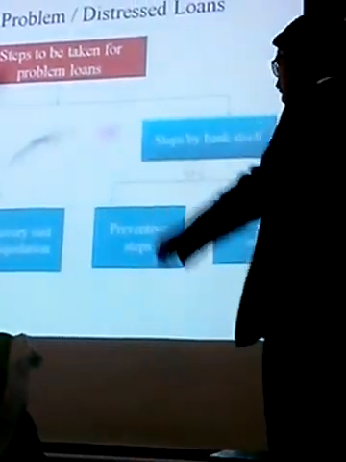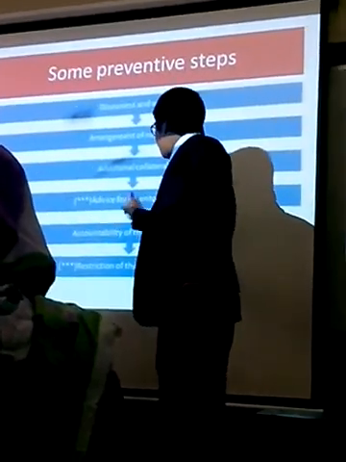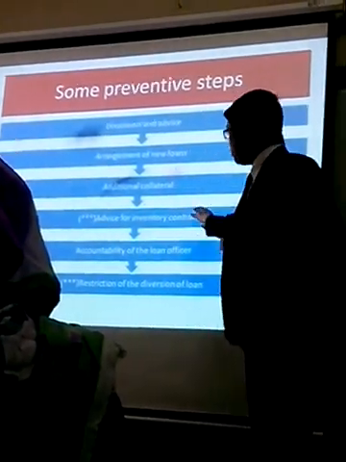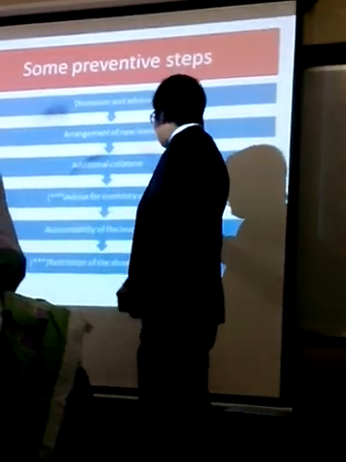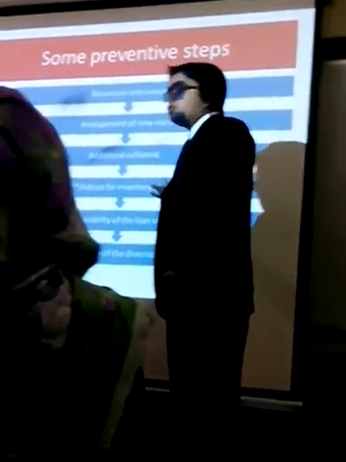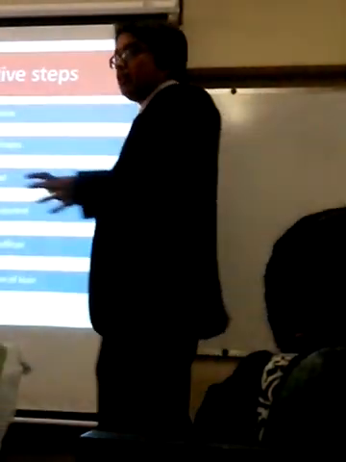Preventive steps are next. I will discuss some points here. Advice for inventory control. This is important. I should be concerned about the borrower's inventory control. Inventory may be of three types, as we know: raw materials, work in process, or finished goods.